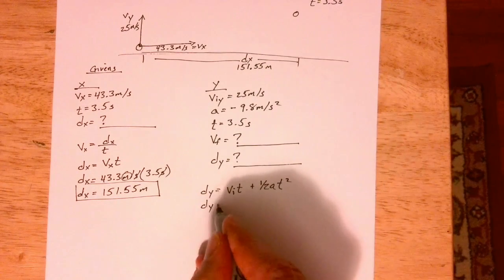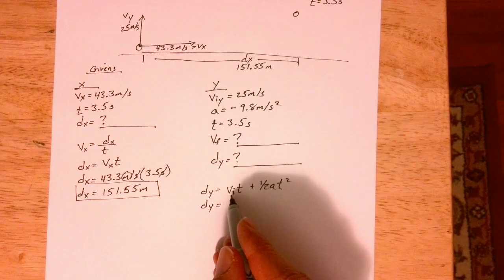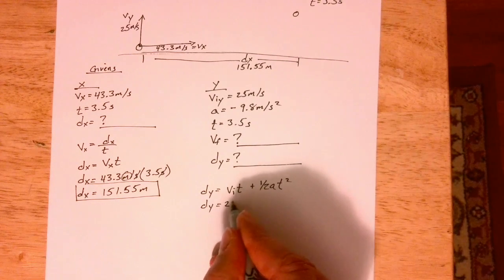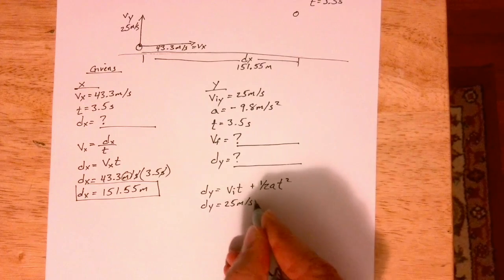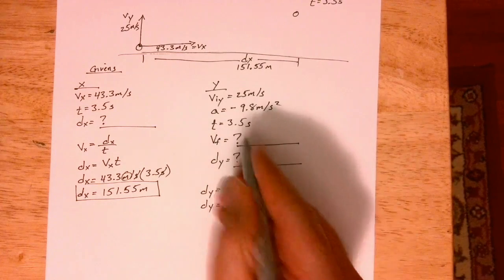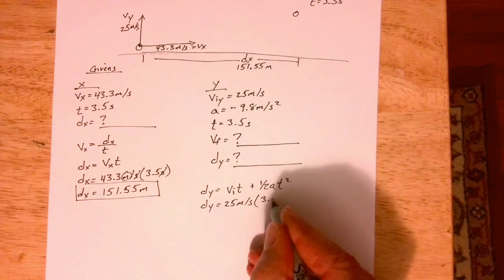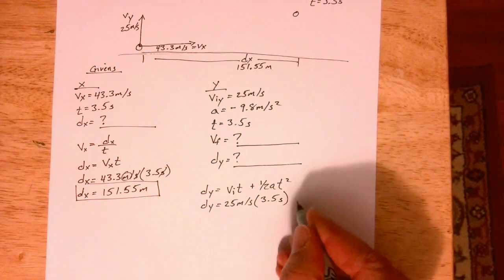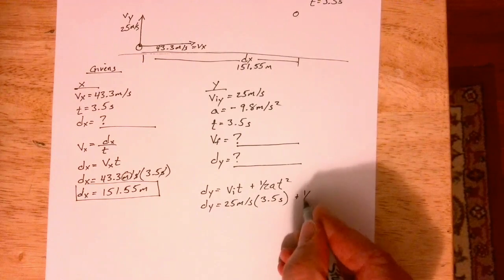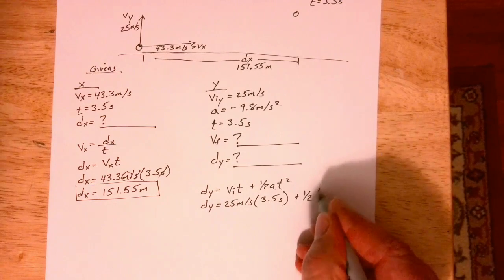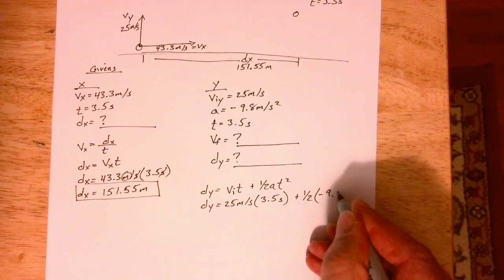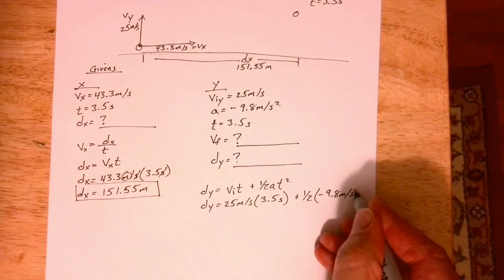So plugging in the formula here, the initial velocity is 25 meters per second. The time is 3.5 seconds plus 1/2. The acceleration is negative 9.8 meters per second squared.